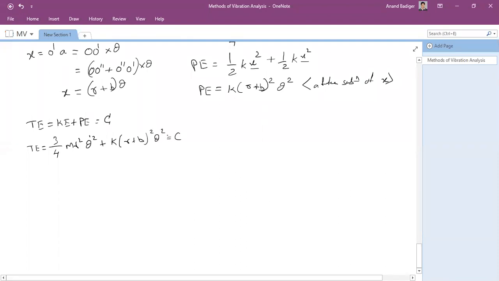to constant. So to remove this constant, I have to differentiate this equation with respect to theta because I need to remove this constant term.